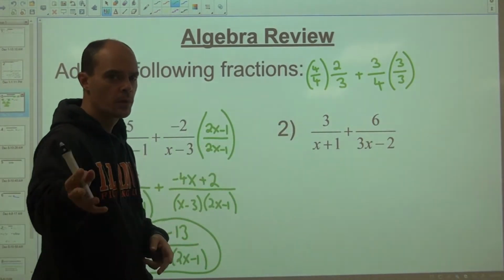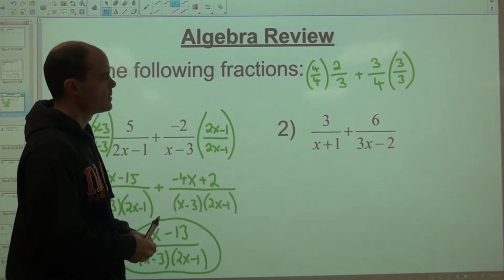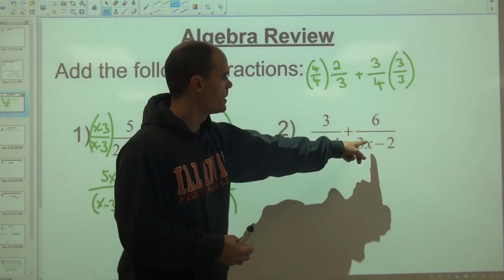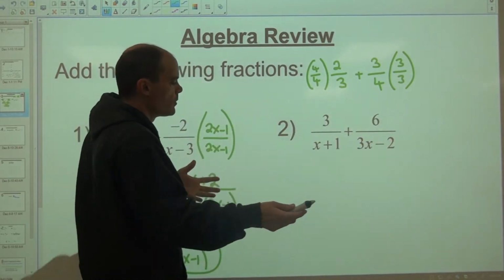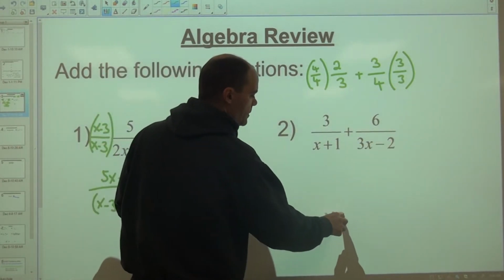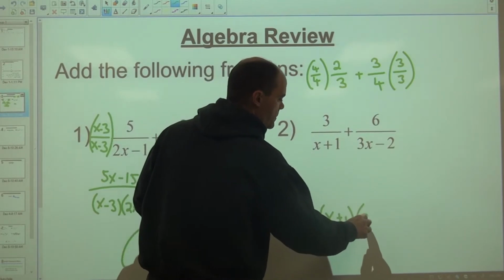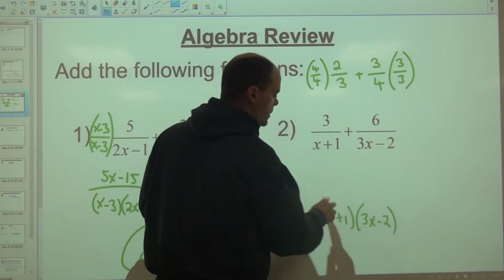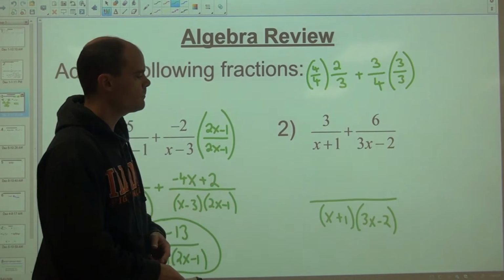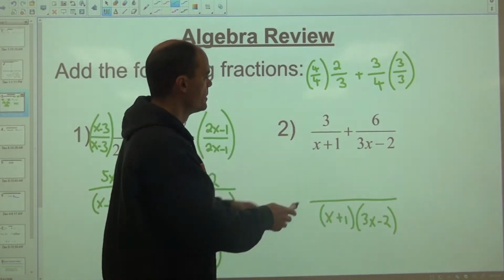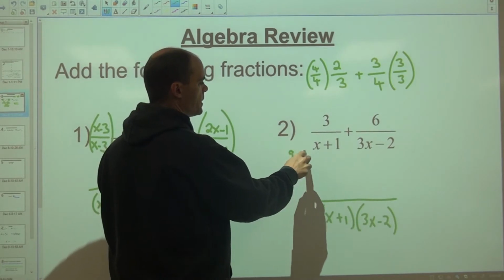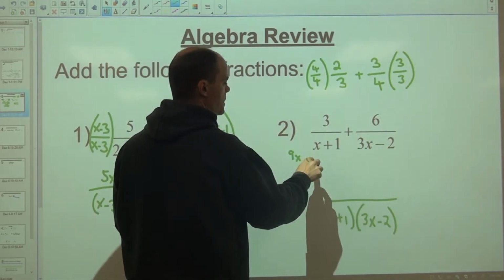So this is what I hope your average everyday calculus student can do. I already know I have to multiply this on the top and the bottom, this on the top and the bottom. So I already know my answer is going to have this as a denominator. And now just deal with the numerator. Here to here, I'm going to have a 9x minus 6.